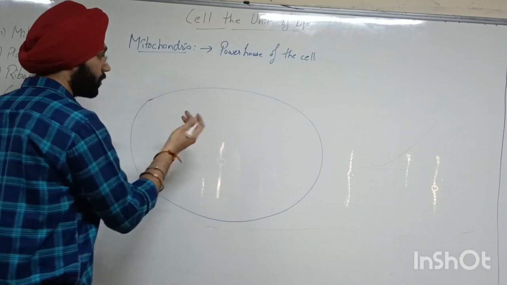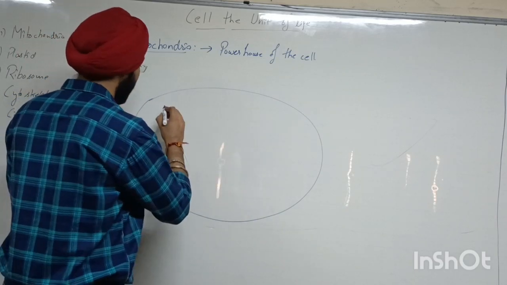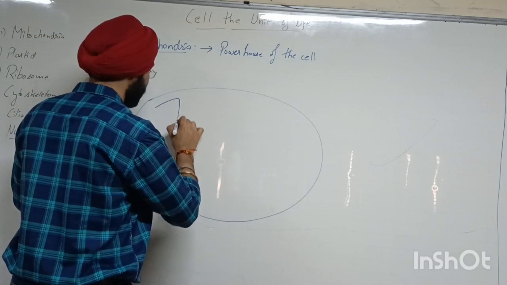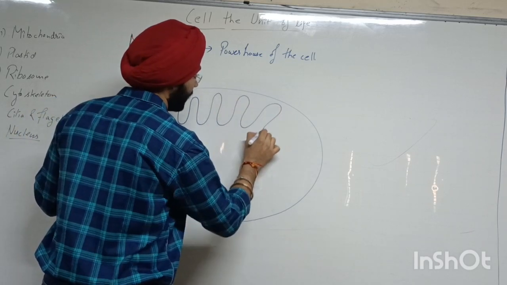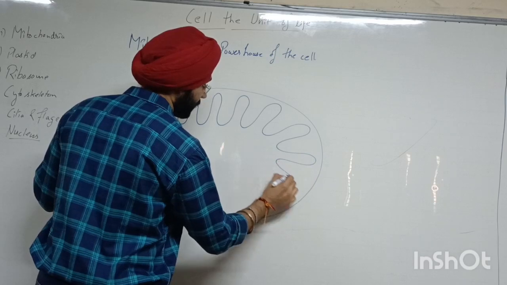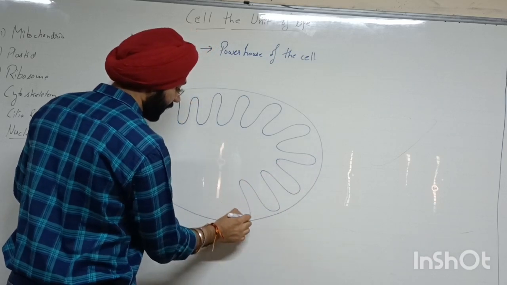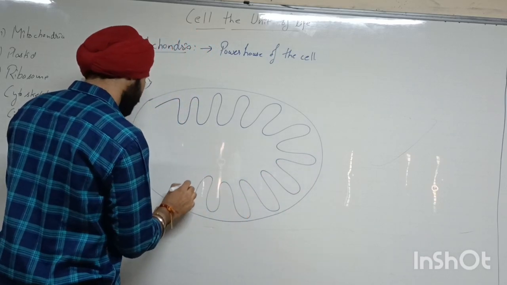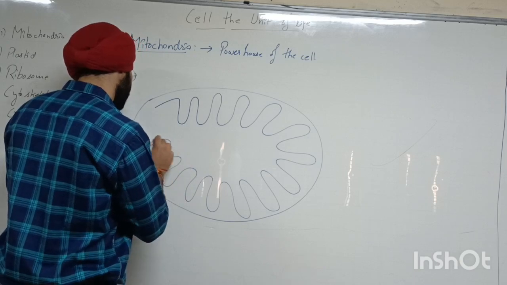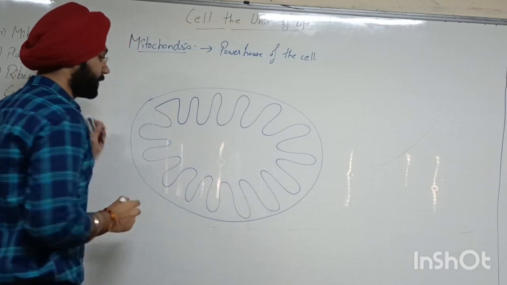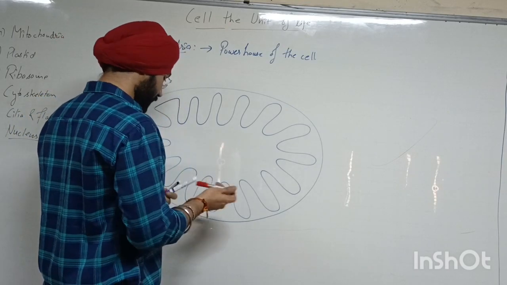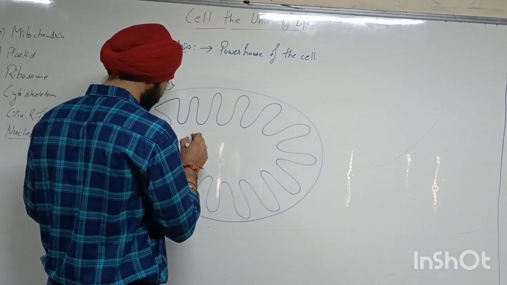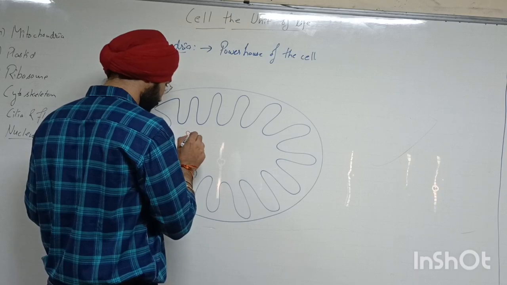So here is the mitochondria. This is the longitudinal section, and it has this wave-like appearance inside the mitochondria, like this.